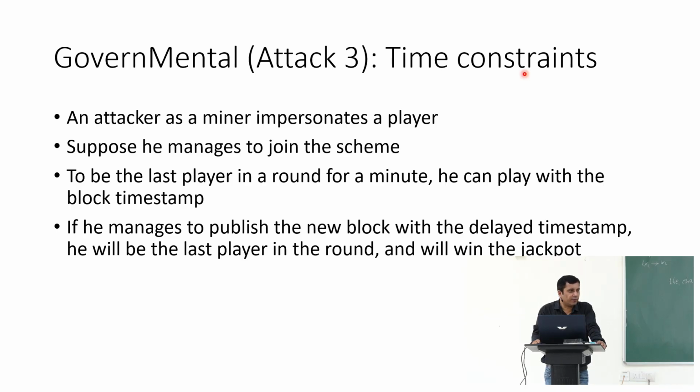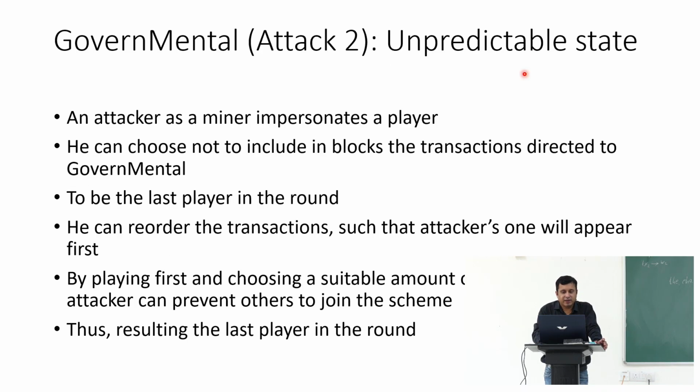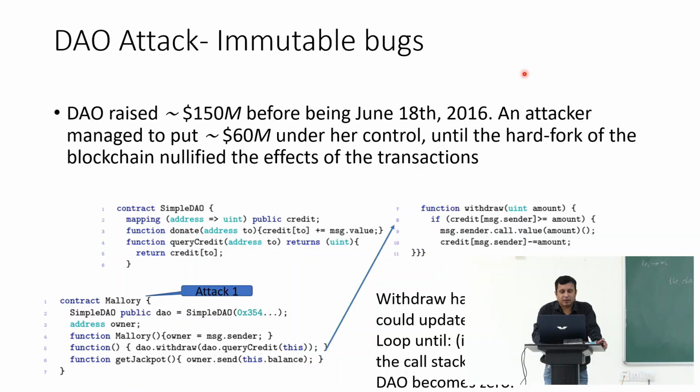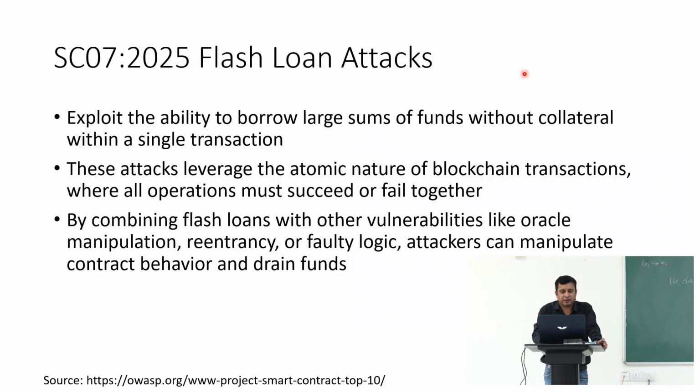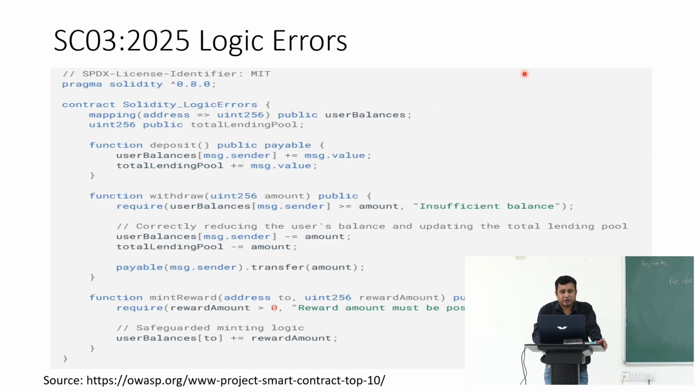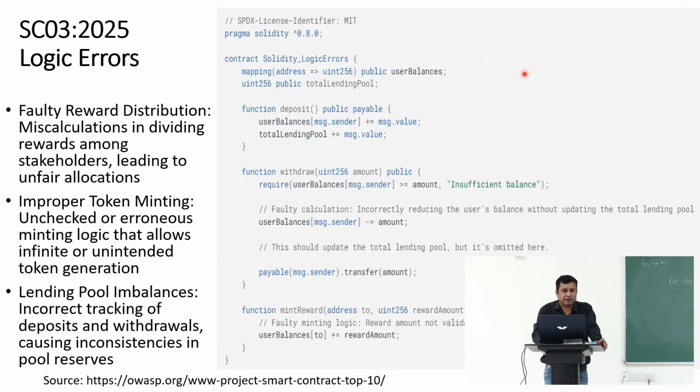Coming to the oracle manipulation vulnerability, in that particular case, external values should be validated and verified. We have already seen that you can mention the min and max value. Similarly, if I go back to the logic error, you can apply different state transition analysis.